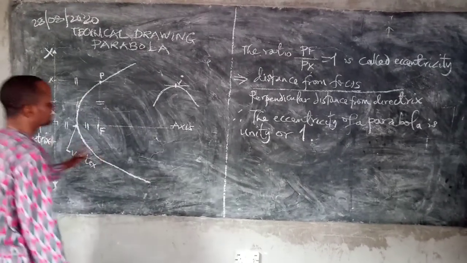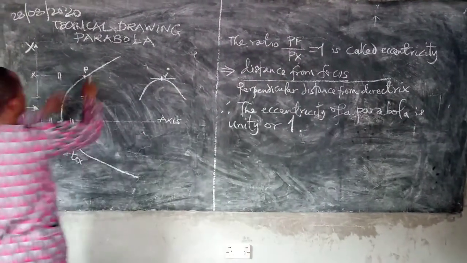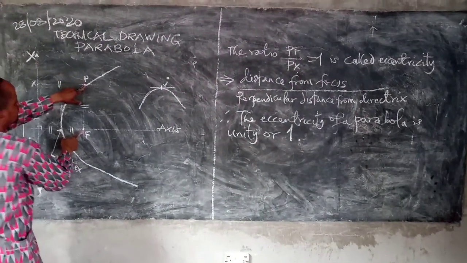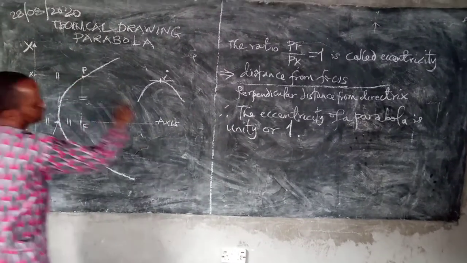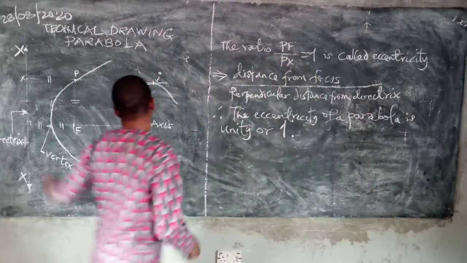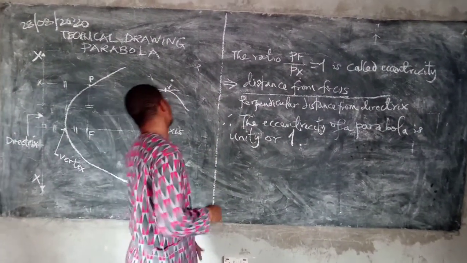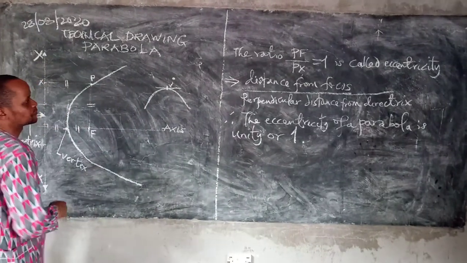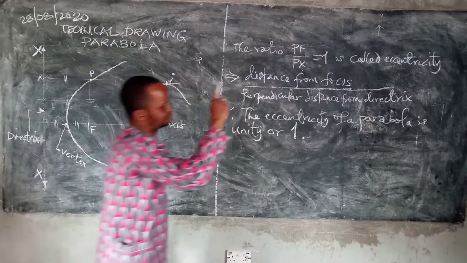What we're trying to say is that the ratio of what? This distance from here to this end, to the distance from here to this point, equals 1. And that's the case with the parabola. And that is what we call the eccentricity. So we always say that the eccentricity of a parabola is equal to 1.